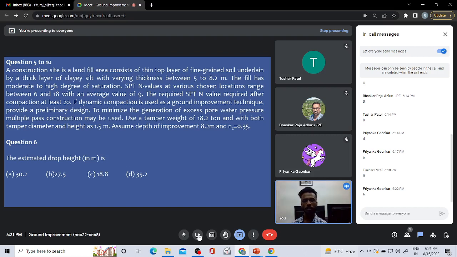Any problem with the previous question? It was a direct formula based question. Any problem with that?